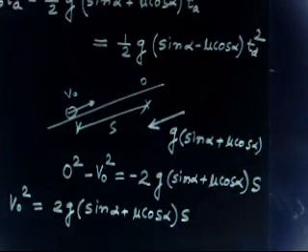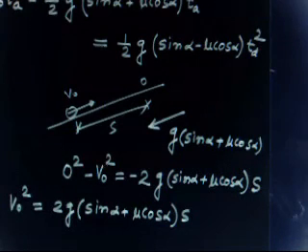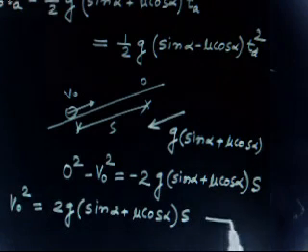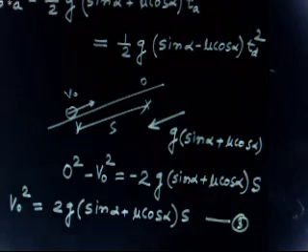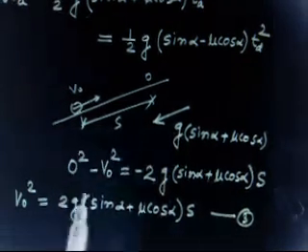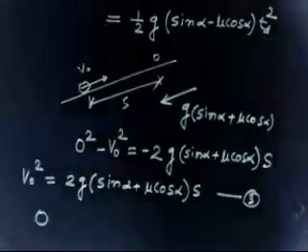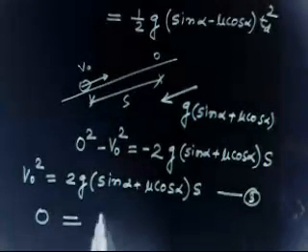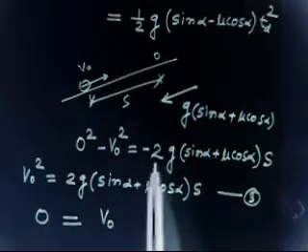But basically I have to eliminate V naught into t. Any other equation I can write is v equals u plus at. If I use v equals u plus at, maybe in that case I get a good result. So let us apply the next equation. If I apply v equals u plus at, the final velocity is 0, so 0 equals V naught plus at.